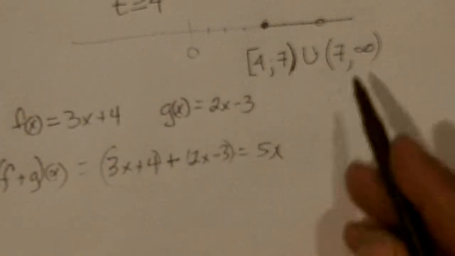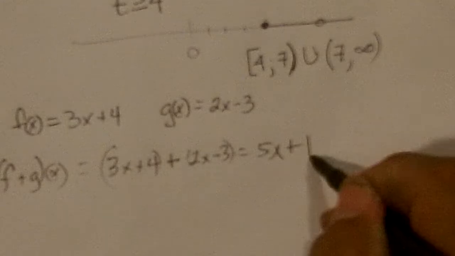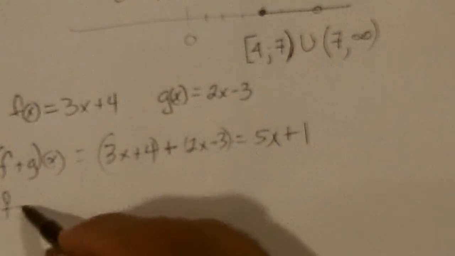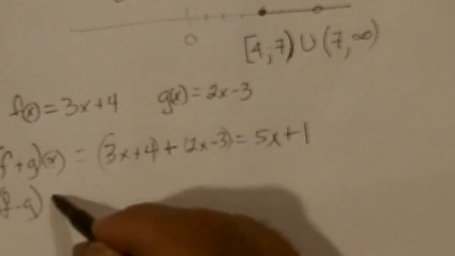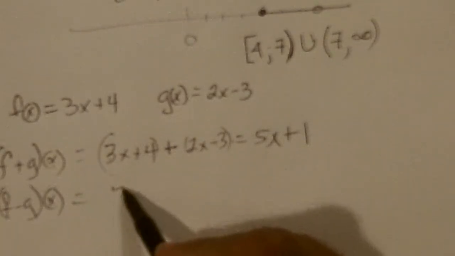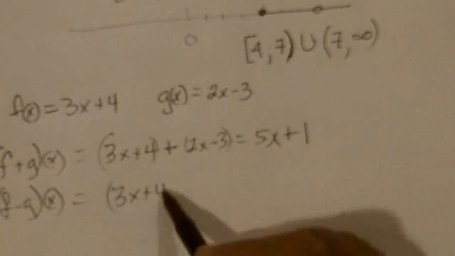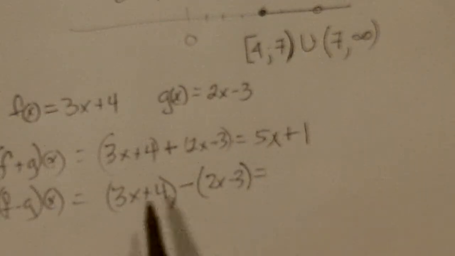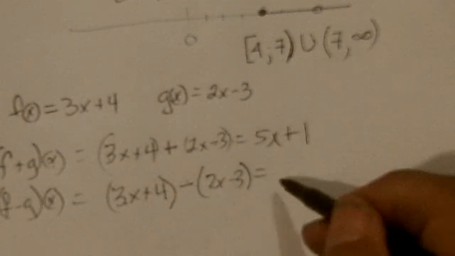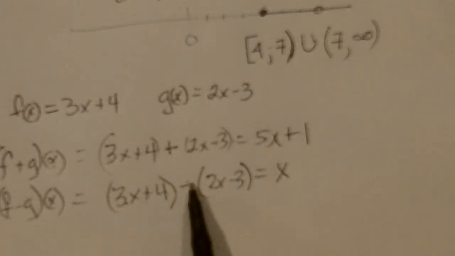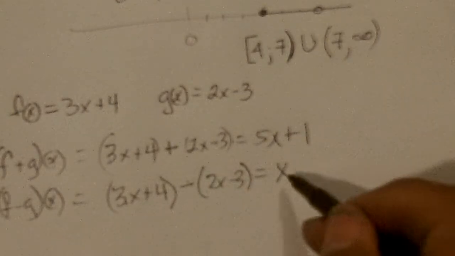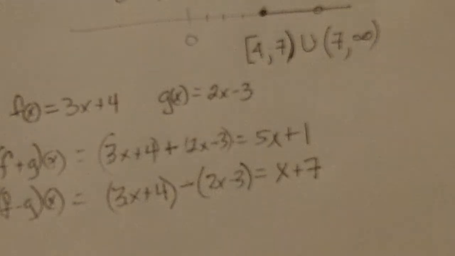And 4 minus 3 is 1. That's A. B says f minus g of x. So that's going to be 3x plus 4 minus 2x minus 3. So we got 3x minus 2x is x. 4 minus a minus 3 is 4 plus 3, which is 7.